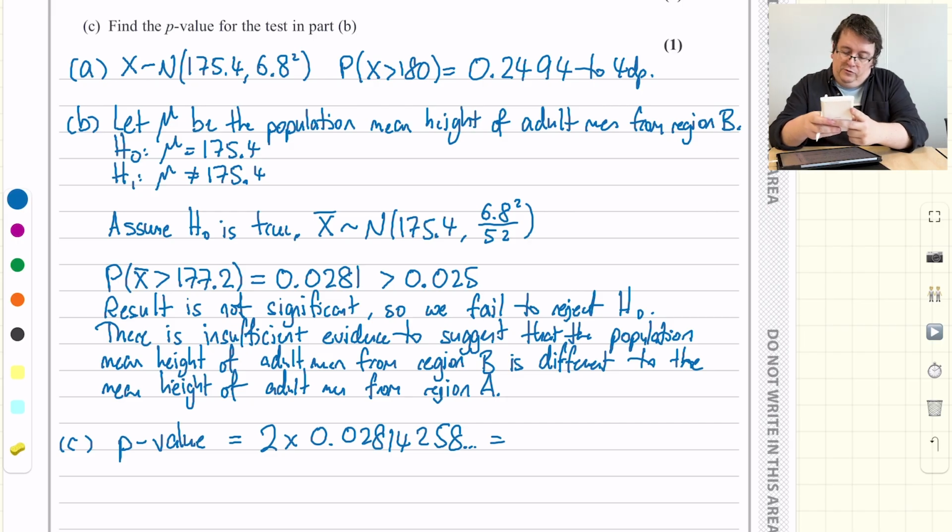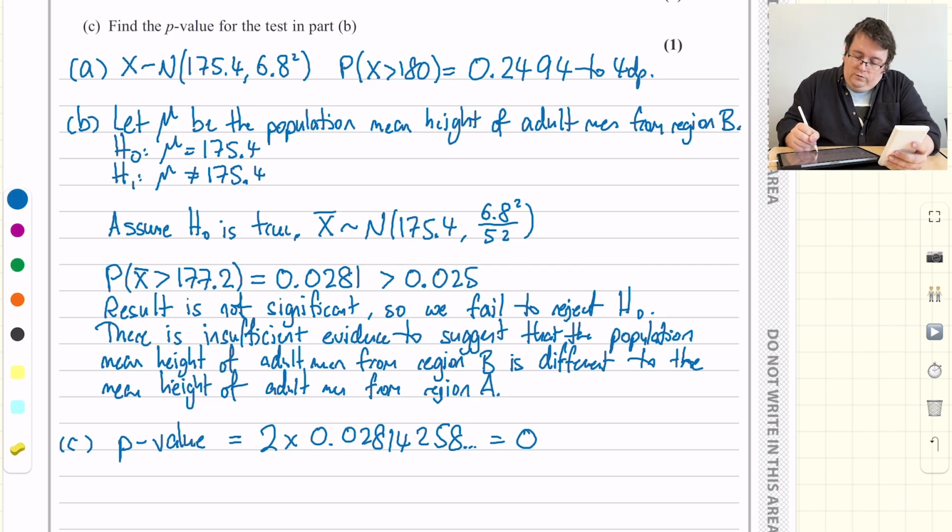So 2 times 0.02814258 is 0.05628. So 0.0563 to 4 decimal places.